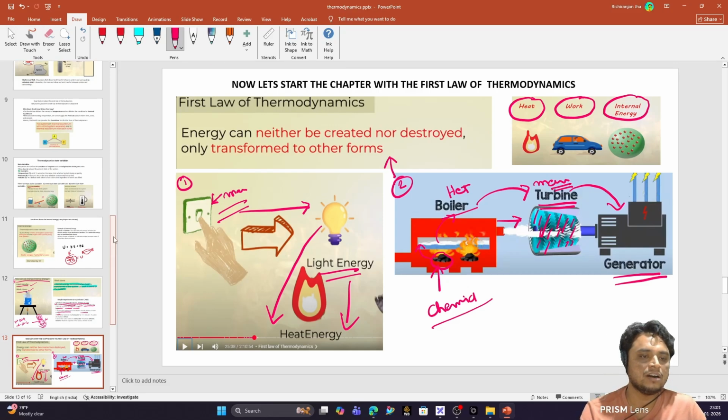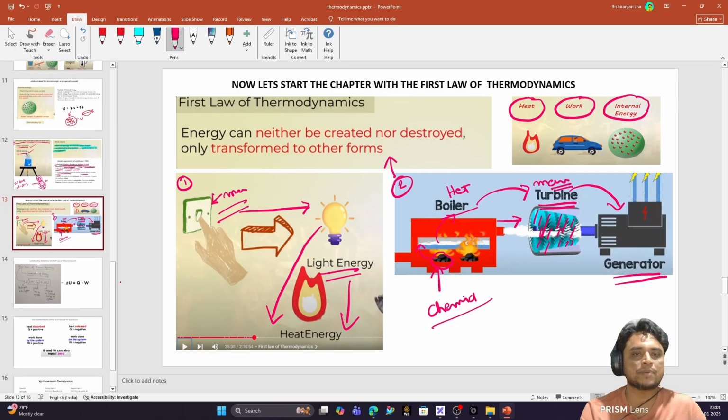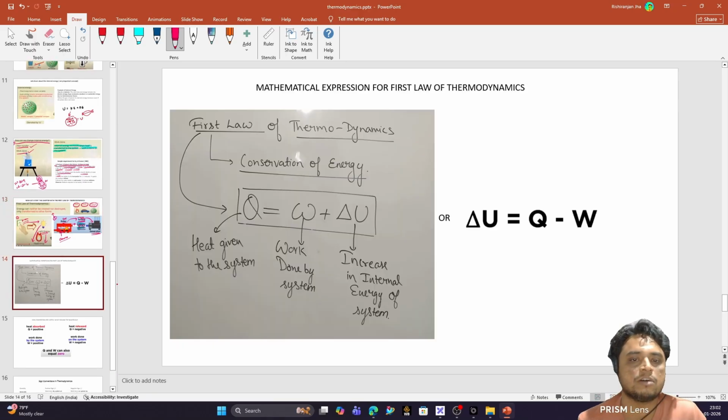Now let's have a look at the mathematical expression for the first law of thermodynamics.